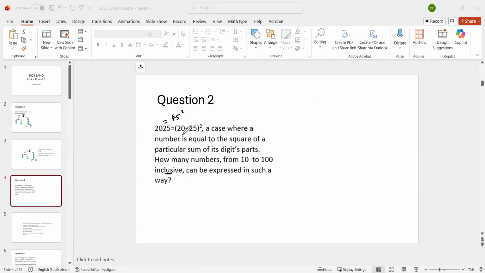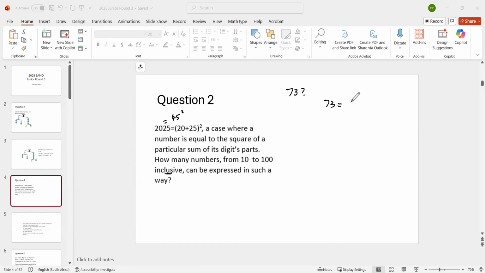that you want the, like for instance now, if I take 73, is that one of the numbers? Well, what we are saying here is that the number 73, where a number is equal to the square of a sum, of a particular sum of its digits parts.